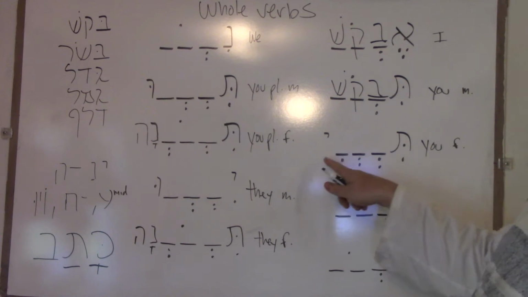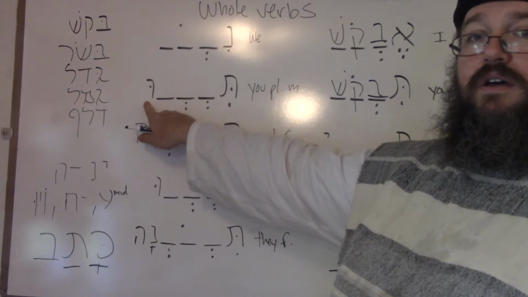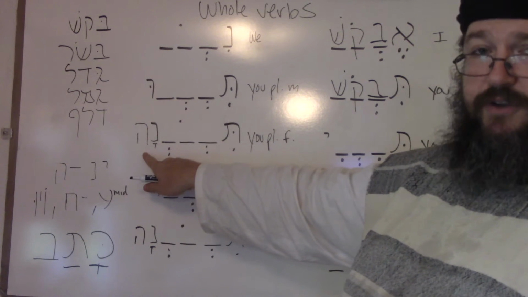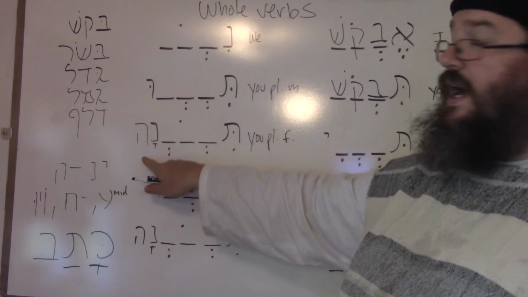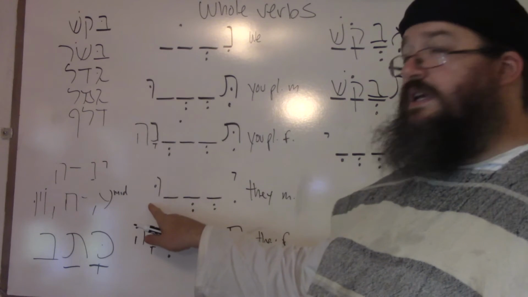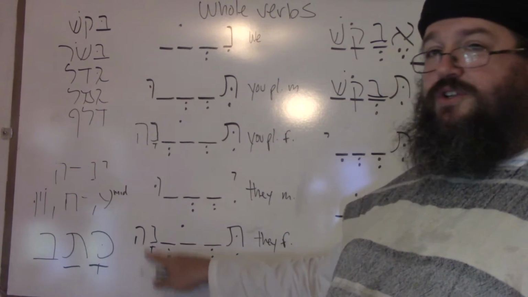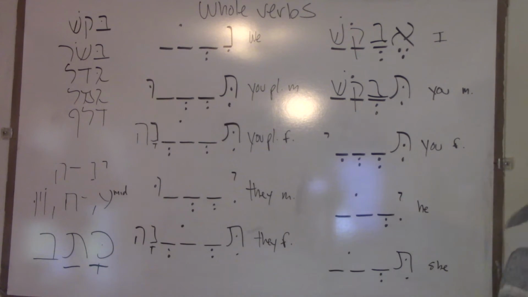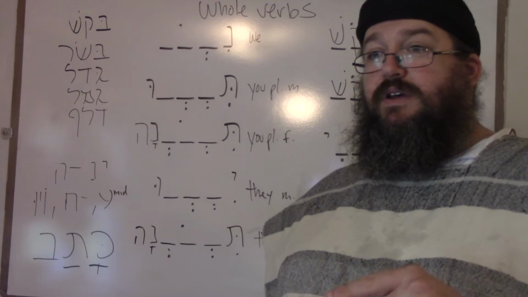Because the only endings we're ever going to see are either for the second person, the plural or the masculine form or the feminine form, which is u and na, or the plural third person masculine and third person feminine, which is u and na, okay? So when we see i at the end, we know this is the second person feminine, okay?